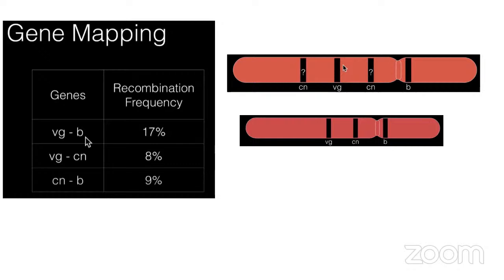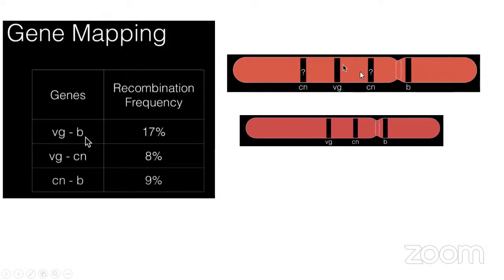Let's understand this with more examples. Suppose there are two genes, VG and B, and the frequency of recombination between them is 17%. Let's try to map this. Suppose this is the VG gene and this is the B gene.